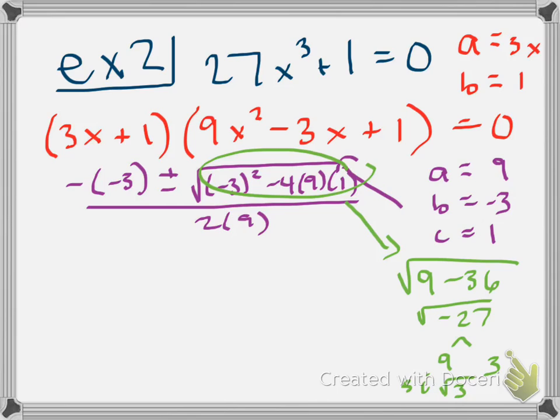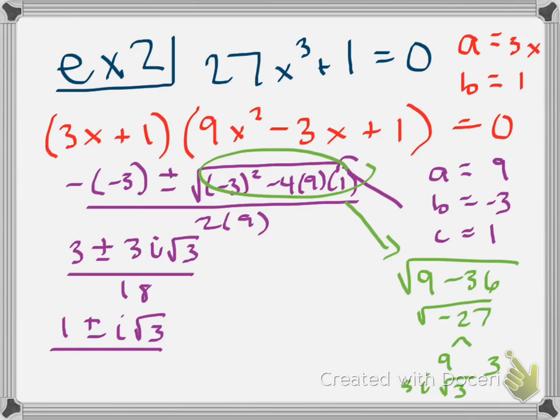So my first part becomes positive 3 plus or minus 3i root 3 all over 18. And since all three outside values are multiples of 3, I can reduce it. So this final answer becomes 1 plus or minus i root 3 over 6. So there's 2 of my answers.